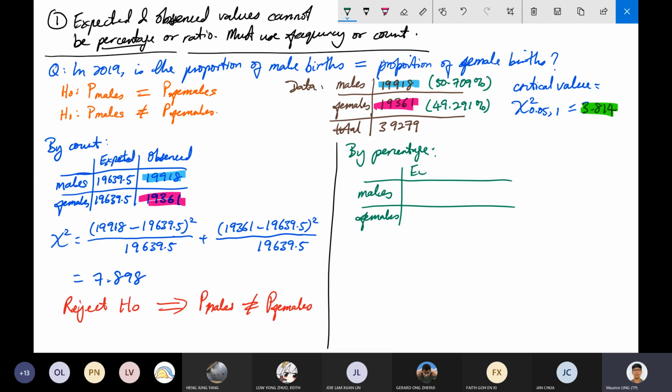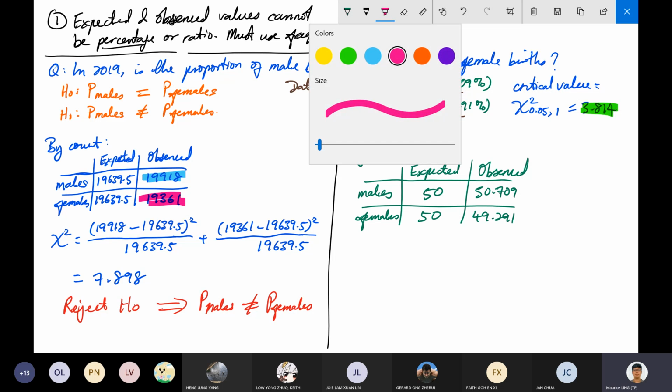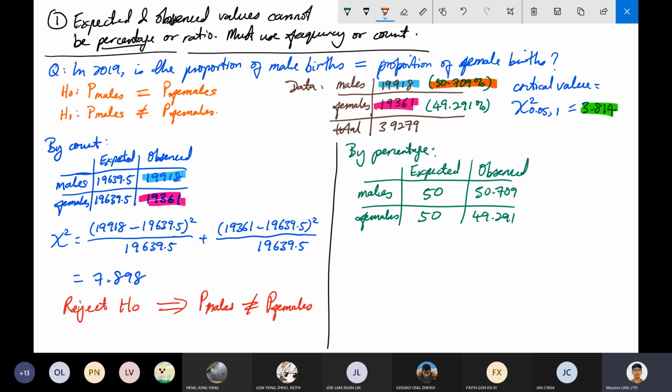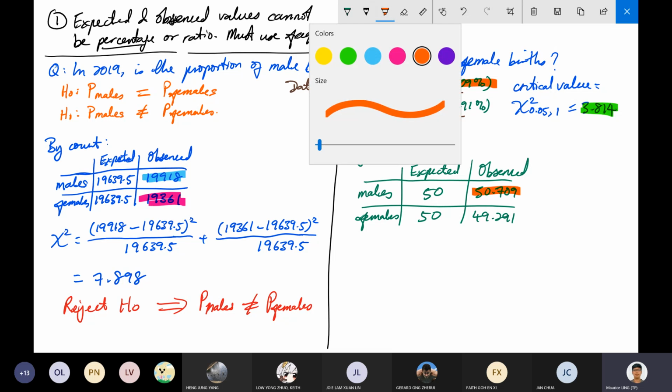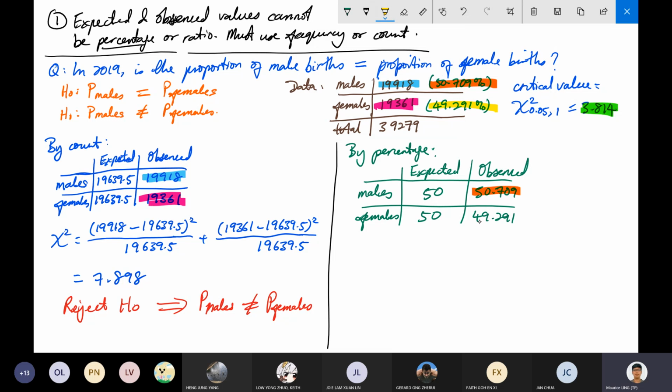Okay, expected and observed. Here observed is 50.709, here is 49.291. Expected, because it's equal proportion, you expect to be 50. So this goes to here, this goes to here.